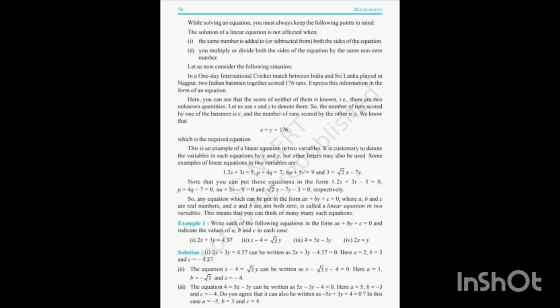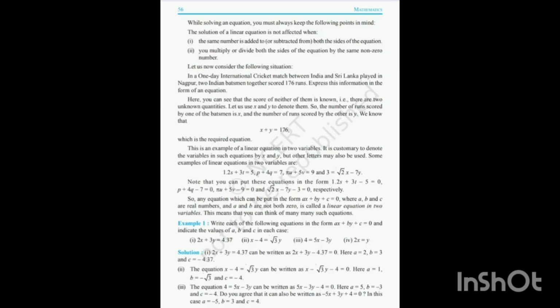The equation for two variables is ax plus by plus c is equal to 0, where a, b and c are real numbers and a, b are not 0. If a and b are 0, then no matter what, we can't find the x value and y value.